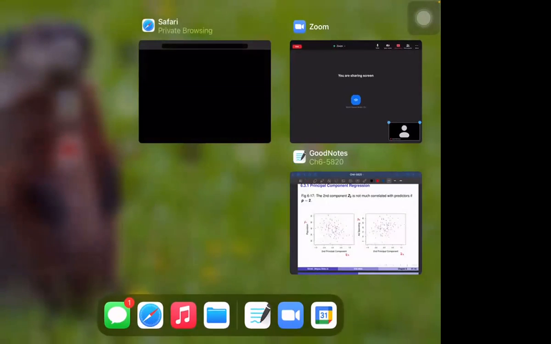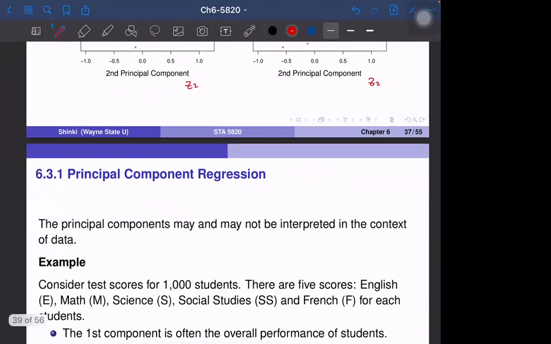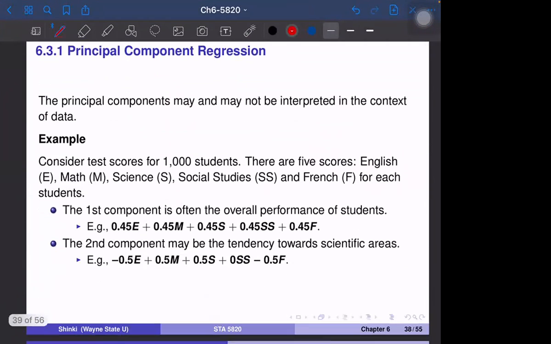So principal component analysis is used especially when we have many predictors, such as image data. Image data is generally large, such as 100 by 100 pixels, so this is often used. And principal components may or may not be interpretable in the context of the data.